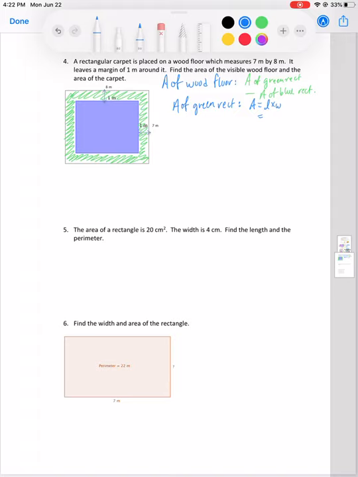Let's see. This is the length I need right here. This is the width I need. And they're labeled as 7 and 8 meters respectively. That's equal to 56 meters squared.